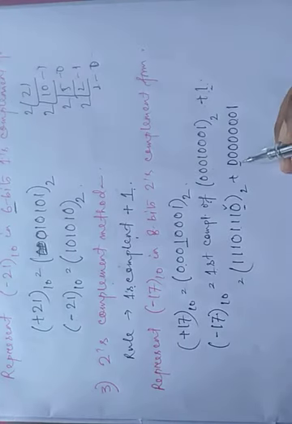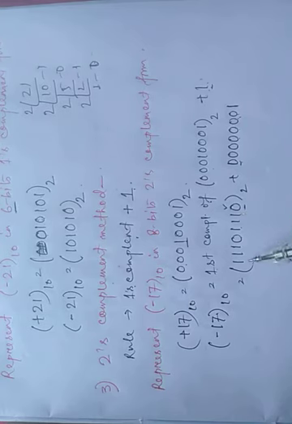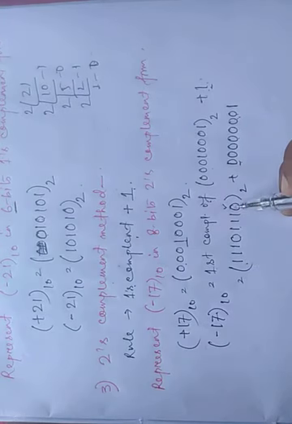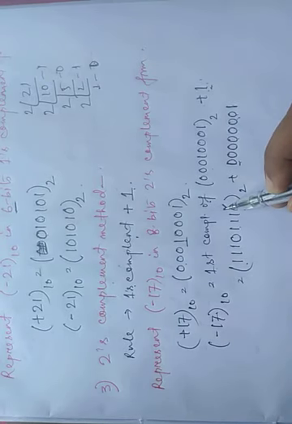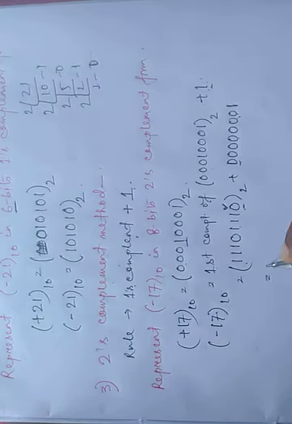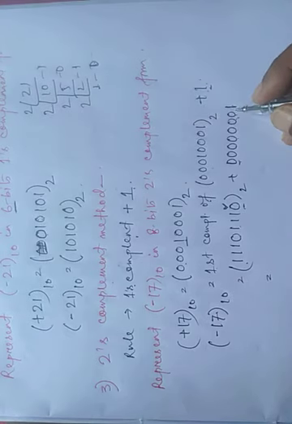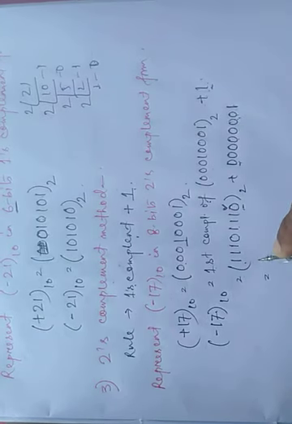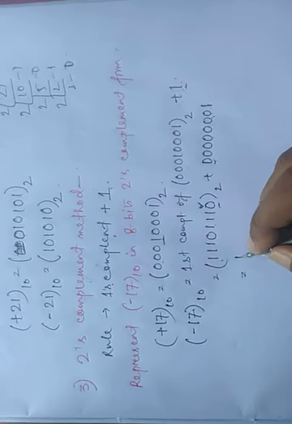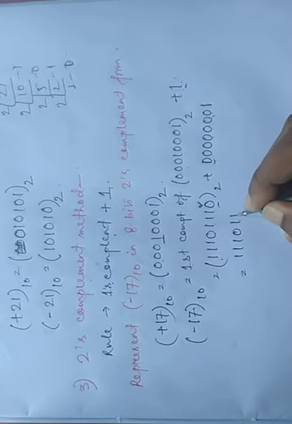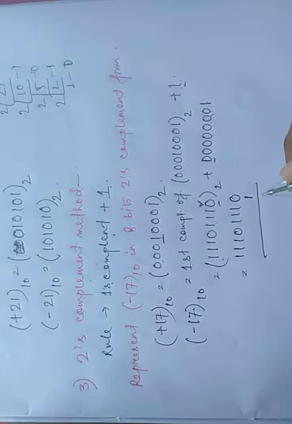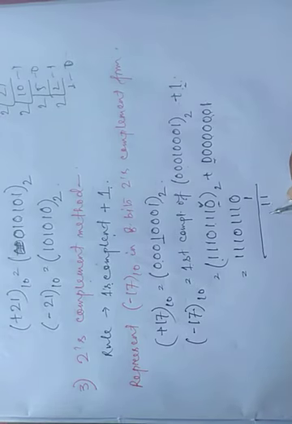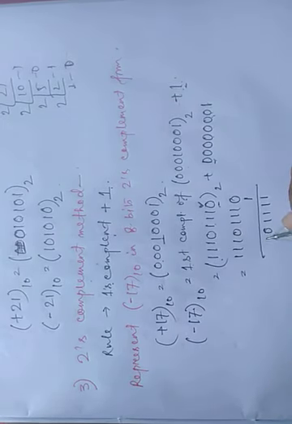You don't need to add the 0s here, but to show you I am adding them. Write 1 here and add this way, and your sums will never be wrong. 1 1 1 1 0 1 1 1.